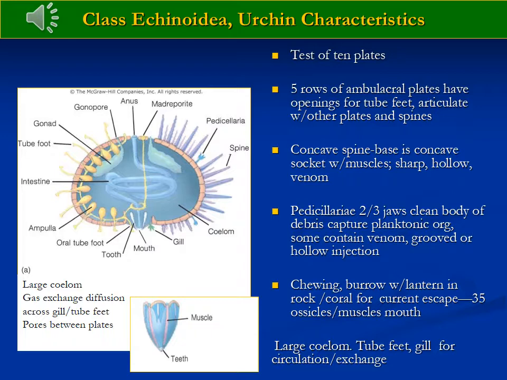And down at the oral end, what we haven't talked about before are these roughened teeth. And both the sea urchins and the sand dollars have these teeth. So next time you pick up a test of a sand dollar, shake it around and see if you can hear any of the teeth internally rattling around.